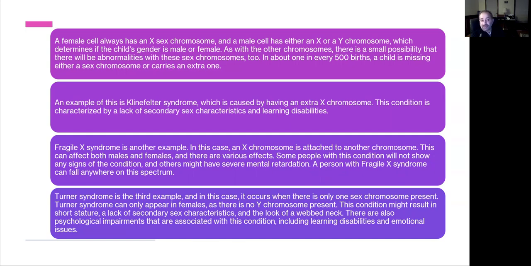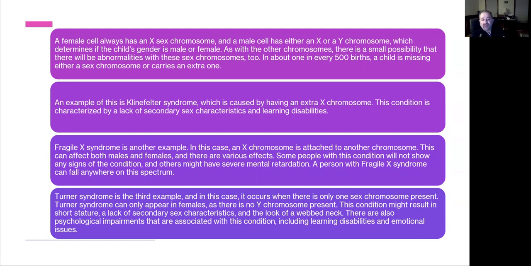Fragile X syndrome is another example. In this case, an X chromosome is attached to another chromosome. This can affect both males and females, and there are various effects. Some people with the condition will not show any signs of it, and others might have severe mental challenges or mental retardation.